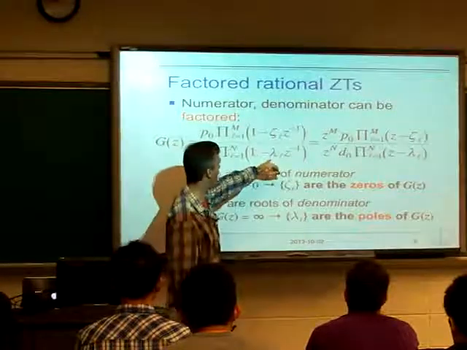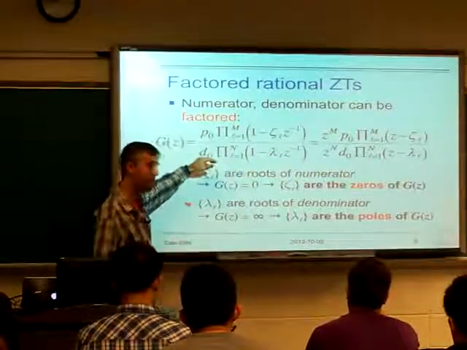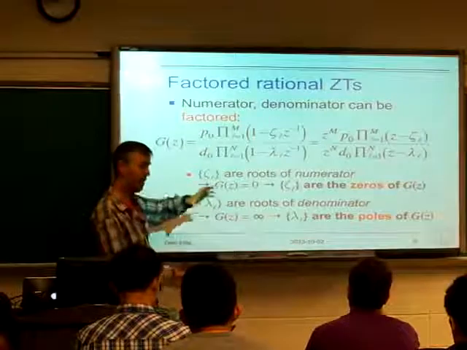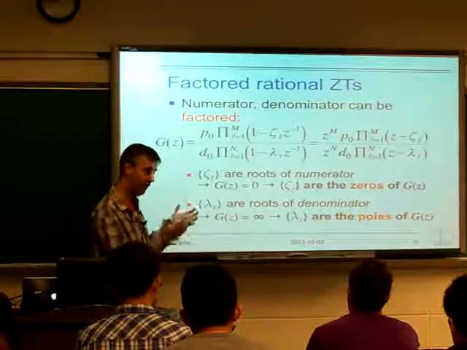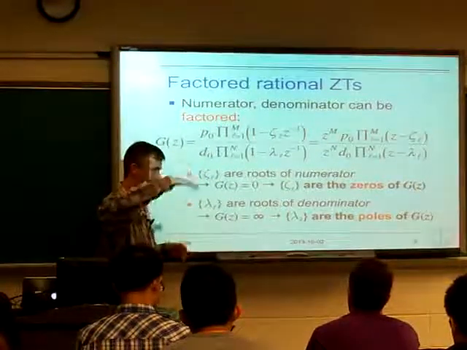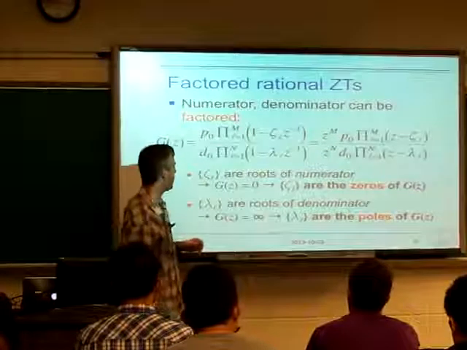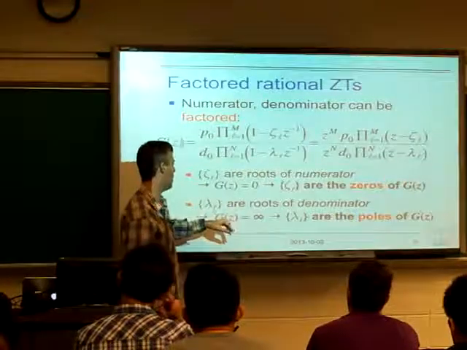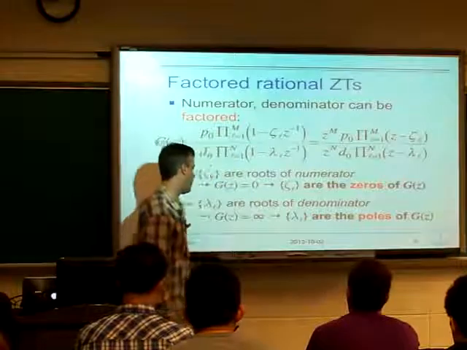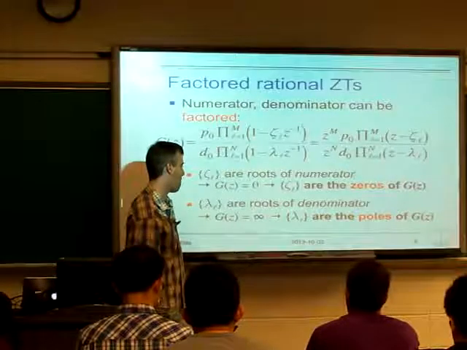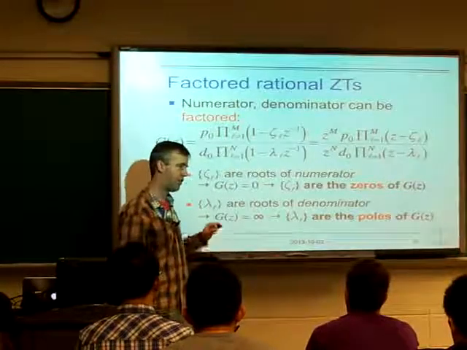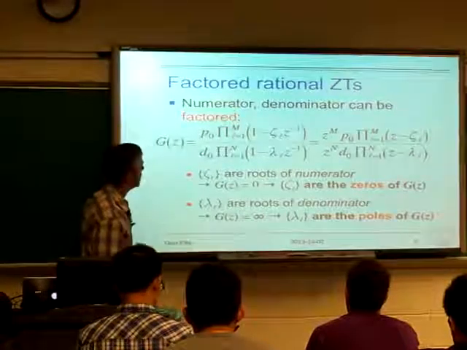And then these lambdas are the values where the denominator becomes 0, which means that the whole expression, the ratio, goes off to infinity, and they're called the poles of G of Z: the values at which the closed form expression goes to infinity.